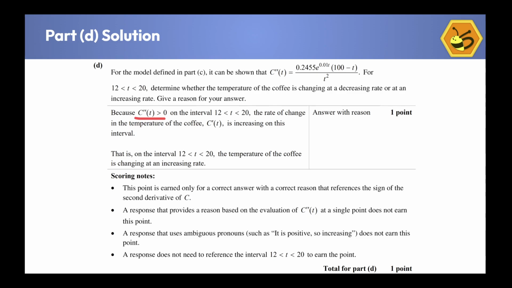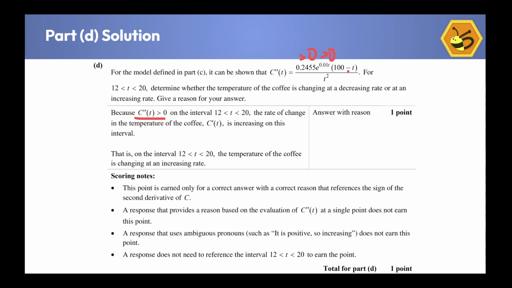Do that again. And by the way, I'm not sure what happened to your calculator because this is 0.8 something. Because 0.2455 is positive, e to the power of a positive number is also positive.